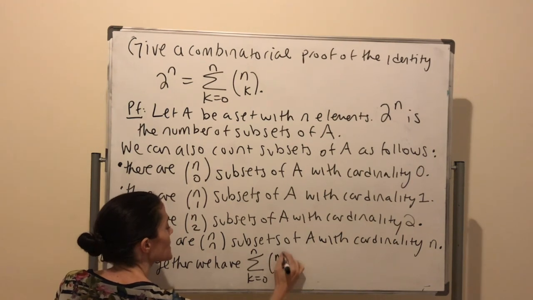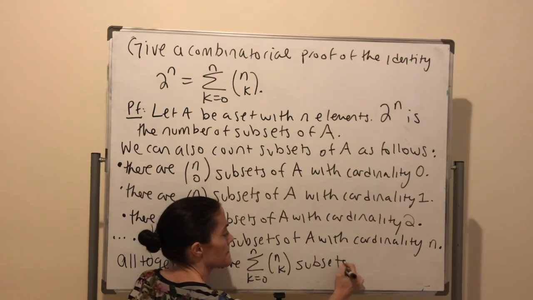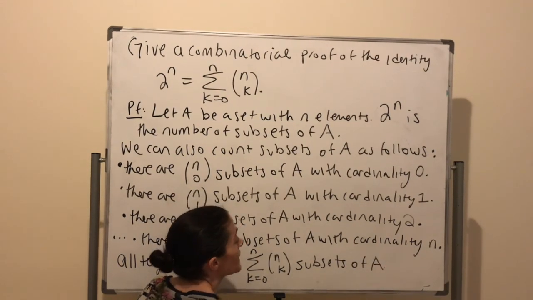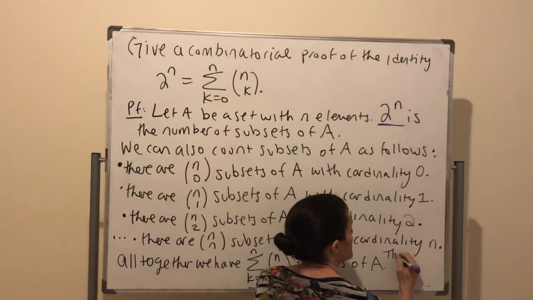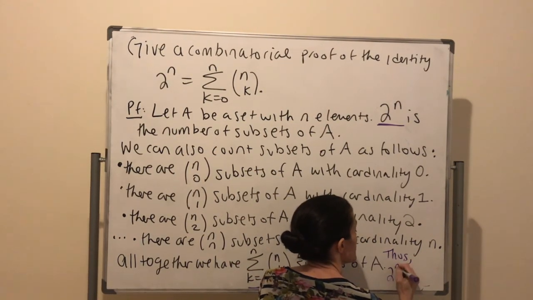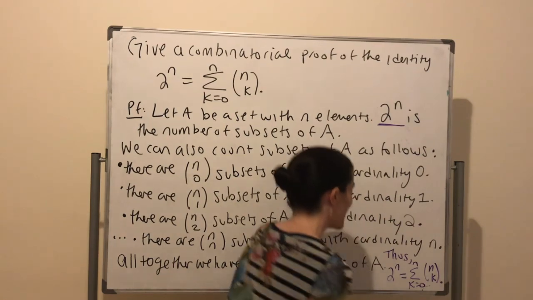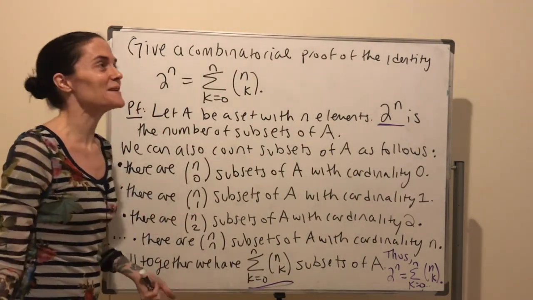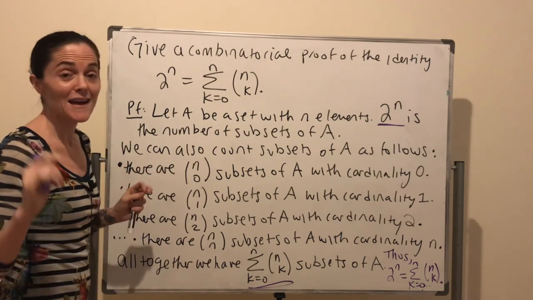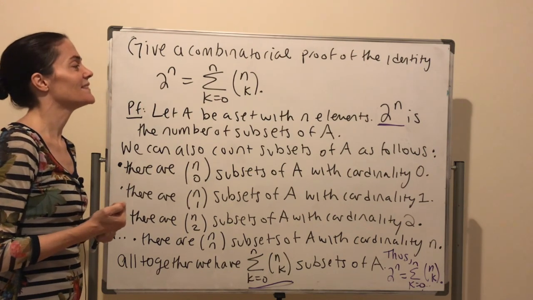We have this many subsets of A. And, well, I will, just so I complete this, thus 2 to the n is this sum, k equals 0 to n of n choose k. And now I was able to fit that, but I actually have my final statement that I would normally put, even with being low on board space. So this is a combinatorial proof.